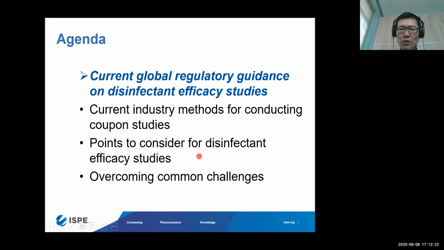What are the things to take note of, and what do you need to consider so as to ensure a successful outcome for your efficacy studies? Lastly, there are some common challenges during the efficacy studies. We will look at some of these challenges and how we can overcome them.